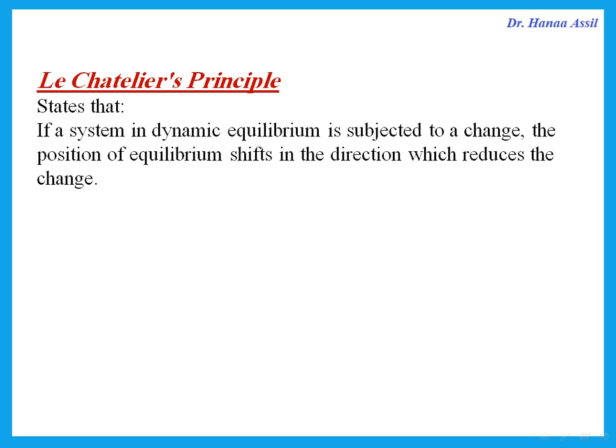We have something called Le Chatelier's principle, and you probably heard about this before. It says if a system is in dynamic equilibrium and then it is subjected to a change, the position of equilibrium will shift in the direction that reduces the change.